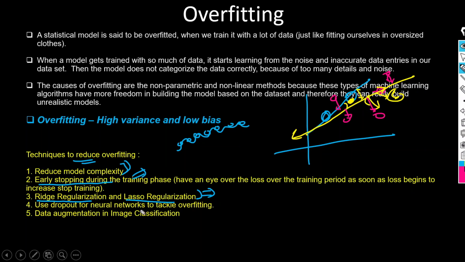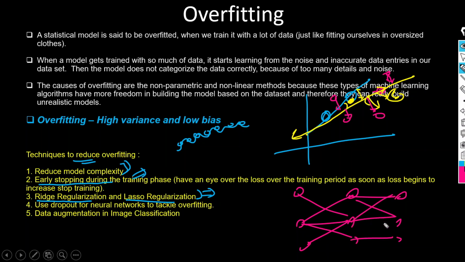Use dropout for the neural network. This is a neural network I have created. So we use this particular neural network, right? What we do is randomly remove some neurons here. I remove this neuron, I remove this neuron, right?